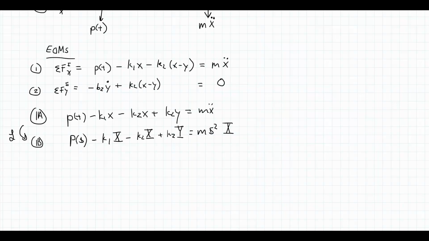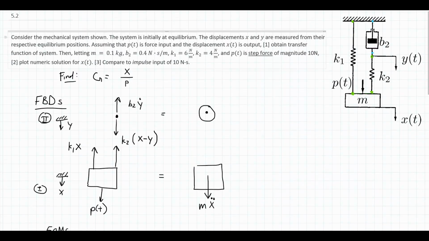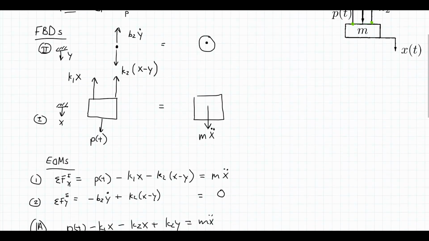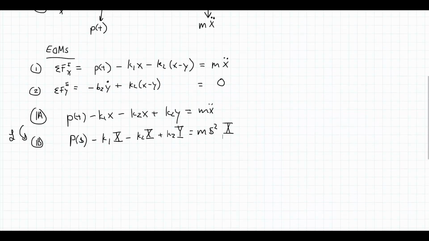I have X, a dependent variable, and Y. Again, the Laplace transform of little y is just big Y. And I have my input P. I had initial conditions of all 0 because we were told we started at equilibrium. So that x of 0, y of 0, x dot of 0, y dot of 0 all went away. That's why this came out pretty clean here.